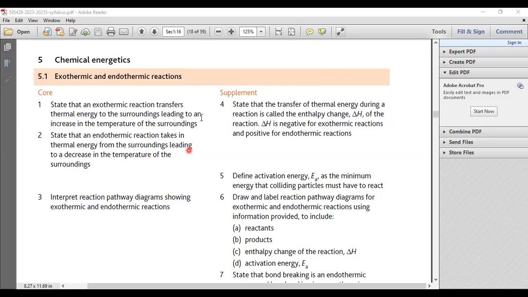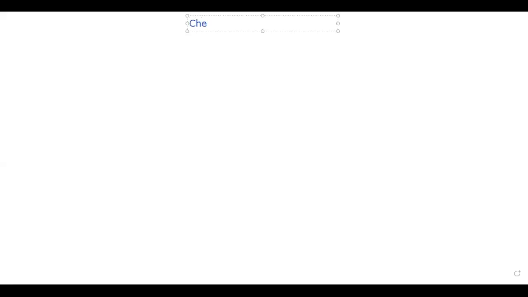Chemical energetics. It's a very, very easy topic and a lot of the questions in paper 2 and paper 4 are about this part. Okay? What we have to study in this topic: I'm going to talk about chemical energetics, the energy of the chemical reaction.